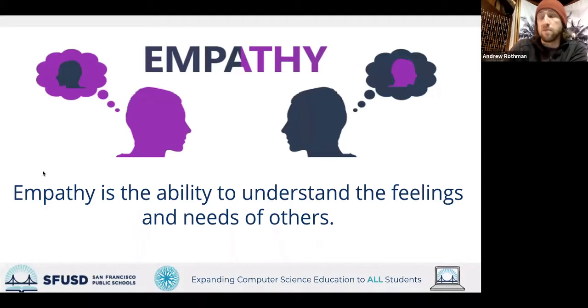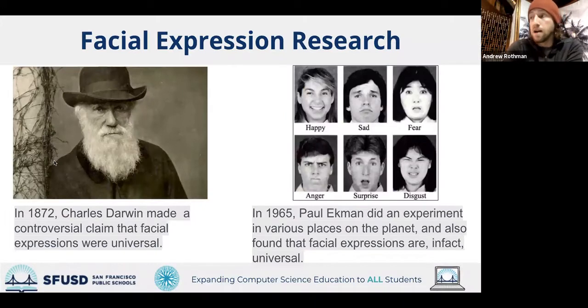We talked about the idea of empathy being central to the design process, because you need to put yourself in the user's shoes or anticipate what they're feeling. We talked a little bit about the theory behind empathy and the idea that we know empathy is a real thing and not just made up, on the basis of one very famous researcher, Charles Darwin, and others. The idea is that wherever you go in the world, people generally have the same facial expressions, which are a reflection of the same emotions and mean the same thing.